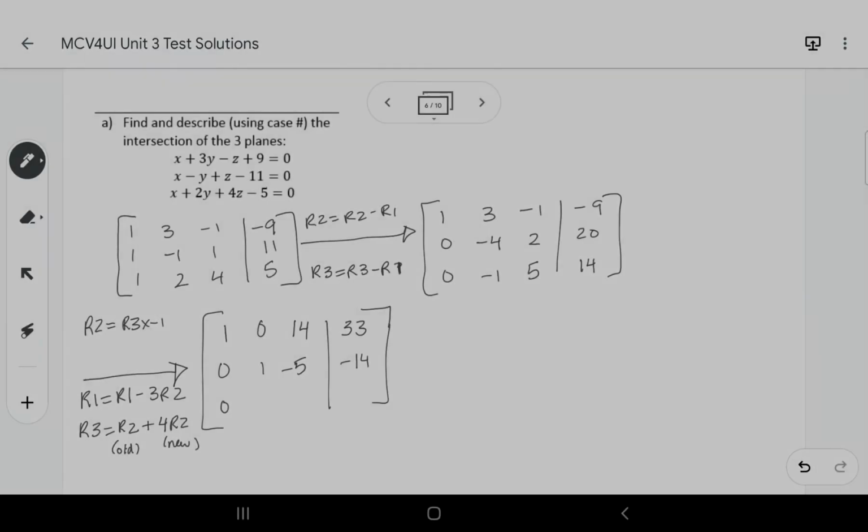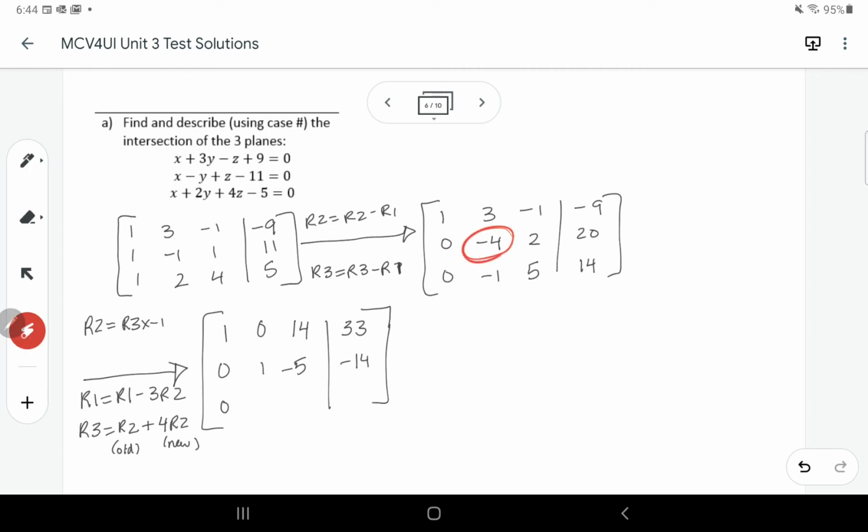Then I've got -4 plus 4 times 1 is 0, which I wanted. And now I have 2 plus 4 times -5. So that's plus -20. I get -18. And then I have 20 plus 4 times -14, which is -36.